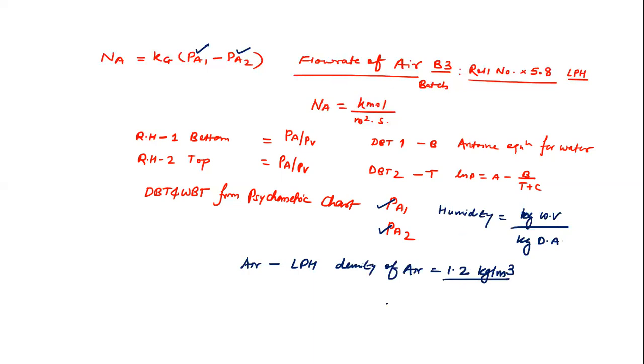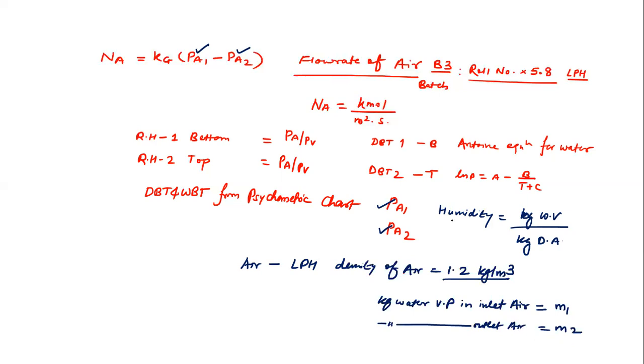So it will give kg of water vapor in inlet air, correct? Say M1. Similarly, you can find out kg of water vapor in outlet air, M2. Clear?